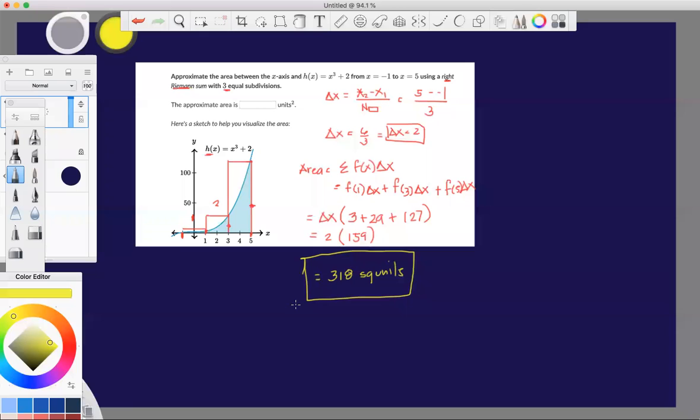Questions, clarifications? I'll give you 1 minute to do a screen capture and then I'll proceed with the next example. Let's try to have unequal subdivisions.